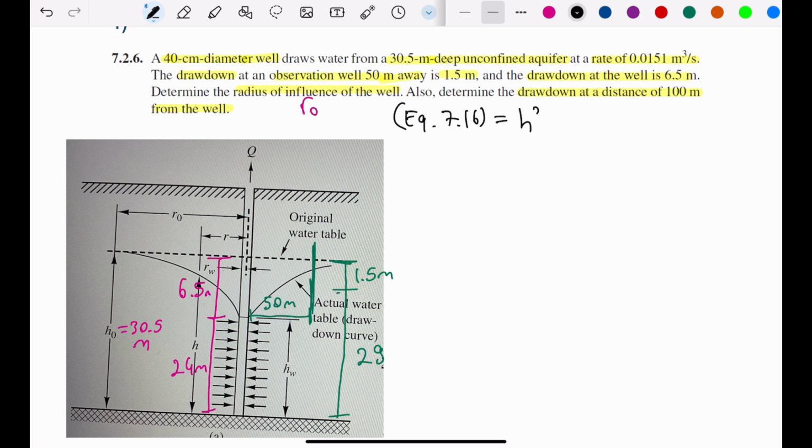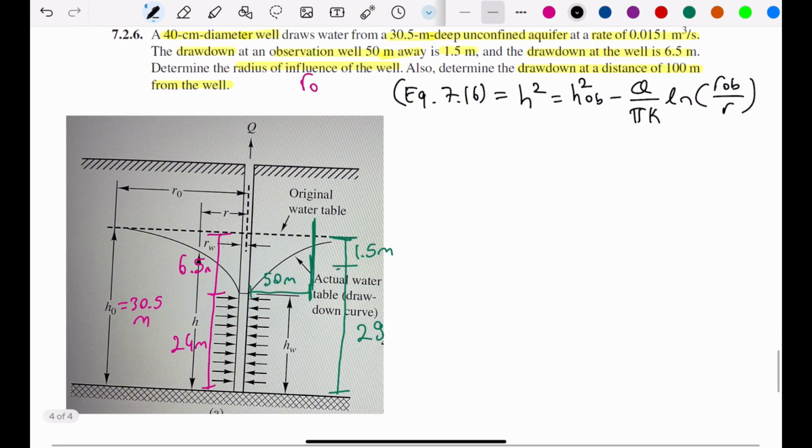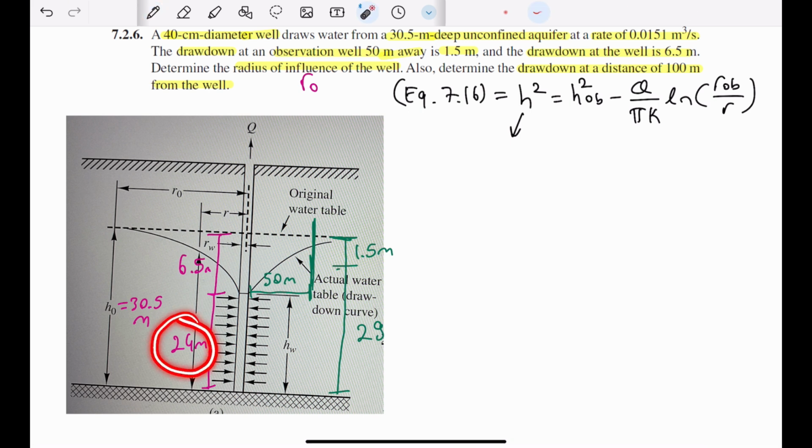It is H square is equal to HOB square minus Q by K ln radius of influence over well radius. So first of all, the H is calculated as 24 meters, which comes from here.